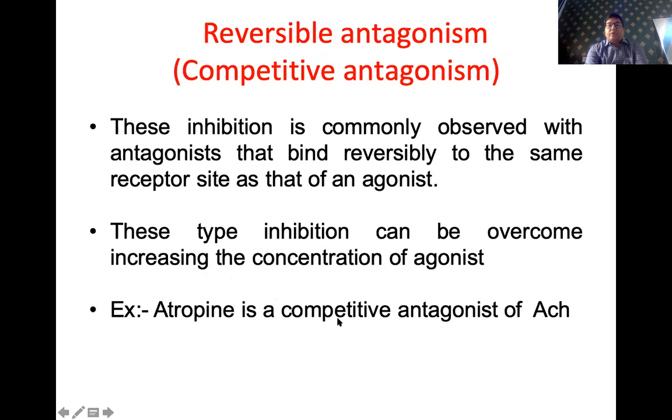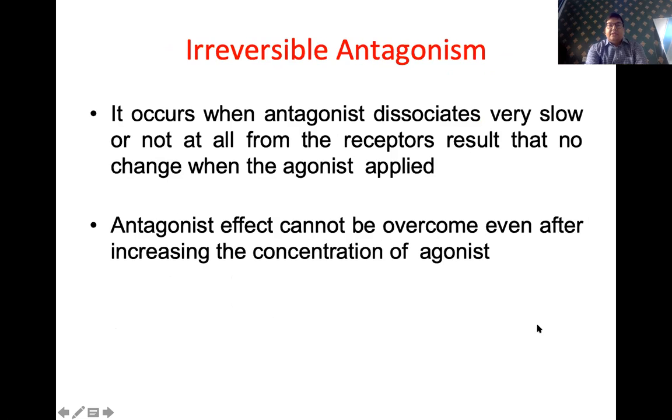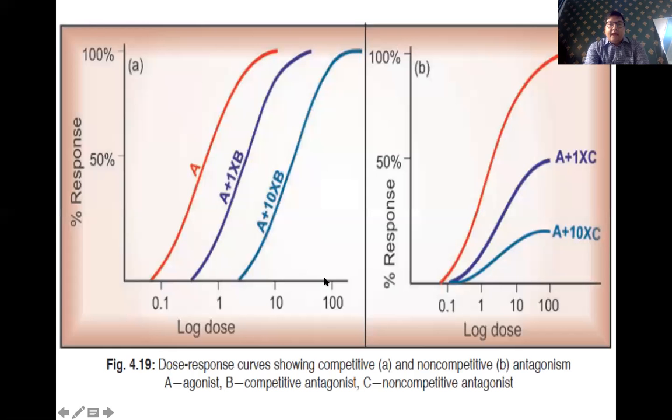Example is atropine, a competitive antagonist of acetylcholine. The irreversible or non-competitive antagonism is where the antagonist dissociates very slowly or not at all from the receptor, and this results in no change when the agonist is applied or increased in concentration. So the antagonist effect cannot be overcome by increasing the concentration of the agonist.